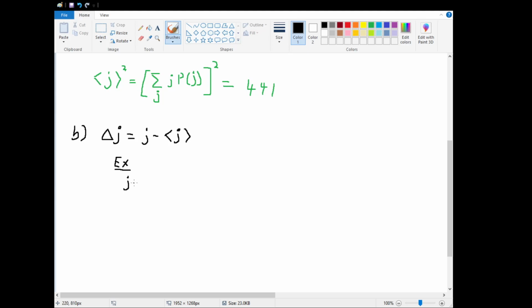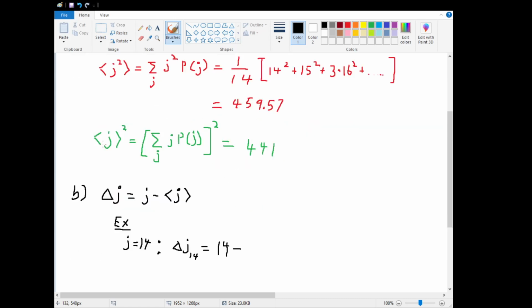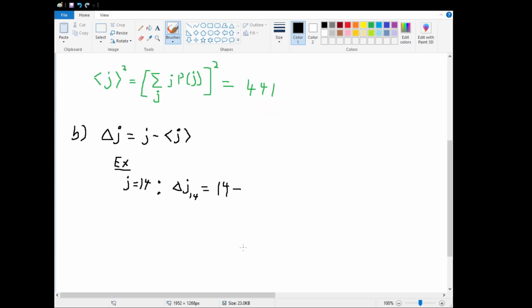For j equals 14, delta j, let's denote it as delta j sub 14, will be equal to j, which is the age, which is 14, minus the average of j, which we calculated earlier up here. It is just the square root of 441, so minus the square root of 441, and this ends up being -7.